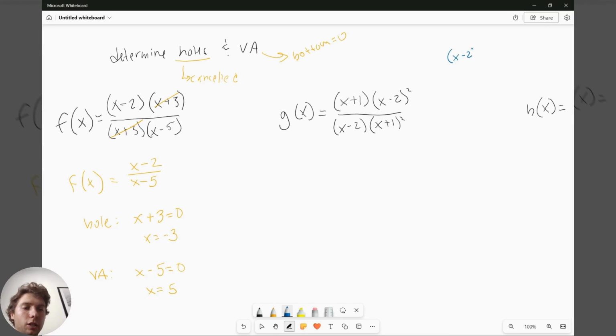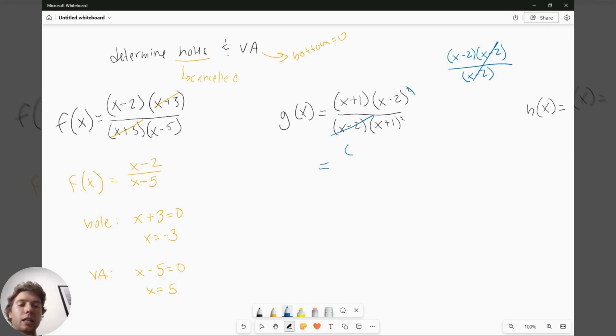If I were to just look at the x minus 2's, I would have something like this. x minus 2 squared on top, that's x minus 2 times x minus 2. And on bottom there is still that singular x minus 2. So if I were to cancel those, the one on bottom goes completely away. The one on top no longer has the squared part. I can get rid of 1 from the top and the bottom.